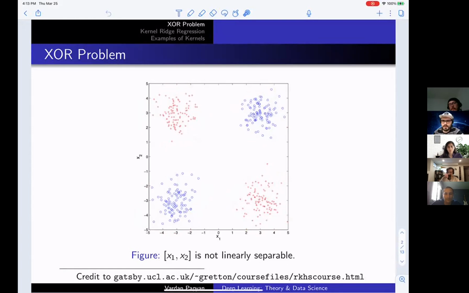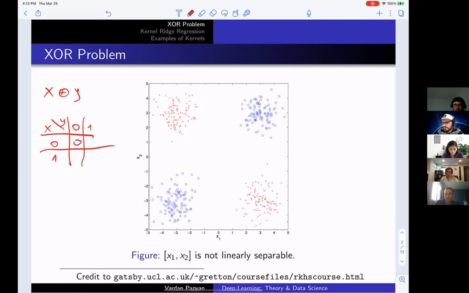This is often referred to as the XOR problem. Does everyone know what XOR is? Let me just briefly explain: X XOR Y can be explained through the table with X, Y values 0, 1, 0, 1.